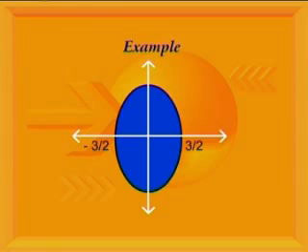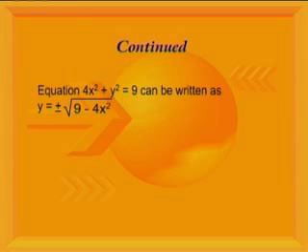We prefer, first of all, to integrate with respect to y. So for that, we draw a line parallel to the y-axis. The equation of the ellipse, y in terms of x, can be written as y is equal to plus minus square root of 9 minus 4x square.